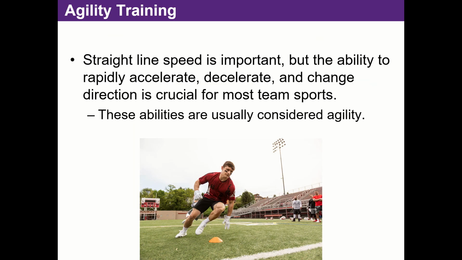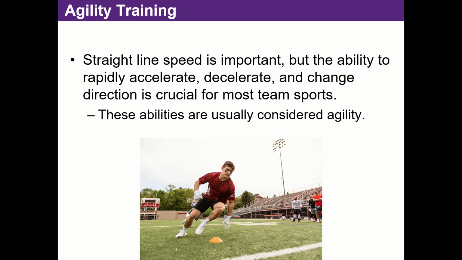In terms of agility training, obviously being able to be really fast in a straight line is important, but most of our sports require us to be able to slow down, which is decelerate, to then accept our body weight and then change direction and then accelerate in the new direction. That ability to decelerate, change direction, and accelerate is what is generally thought of as agility.